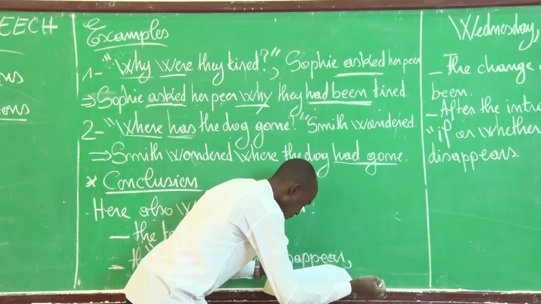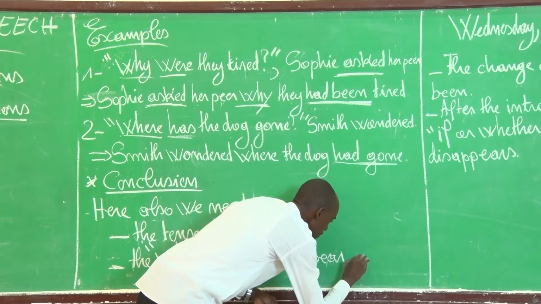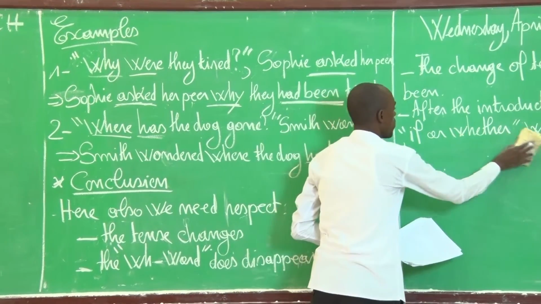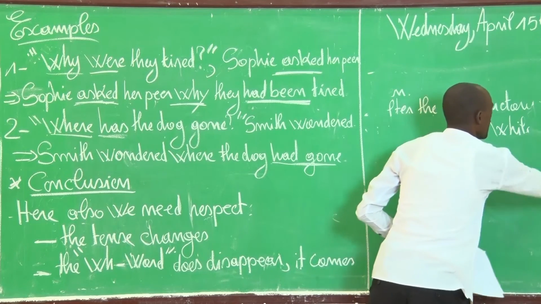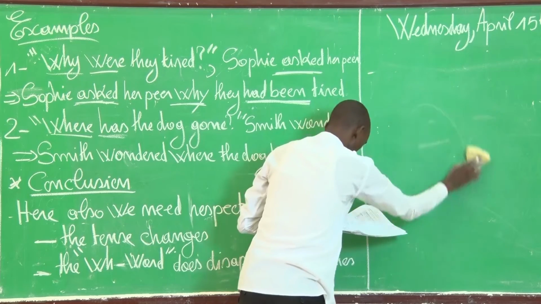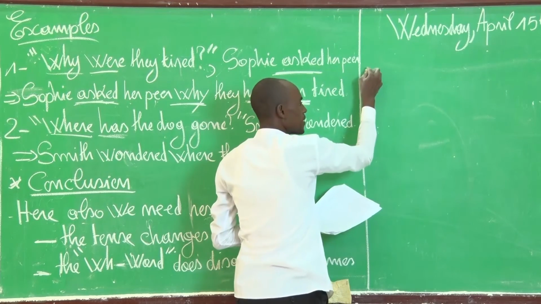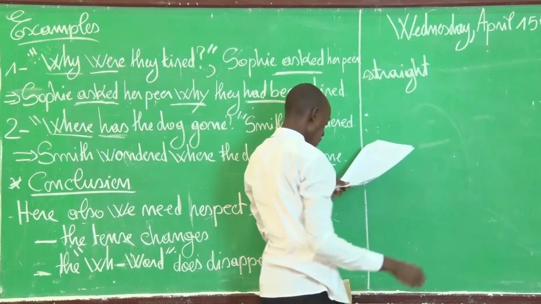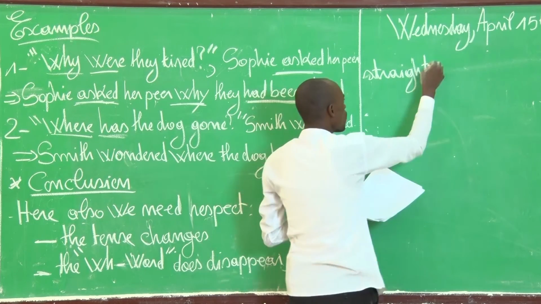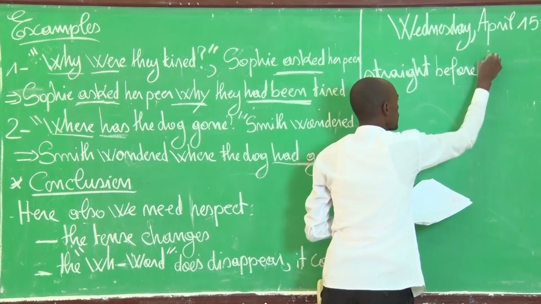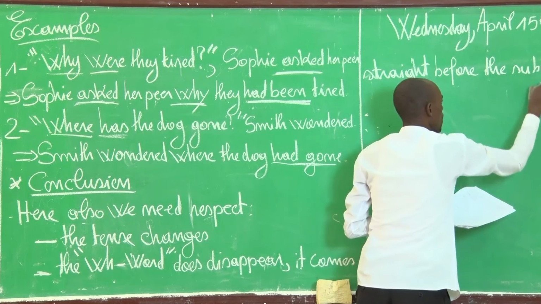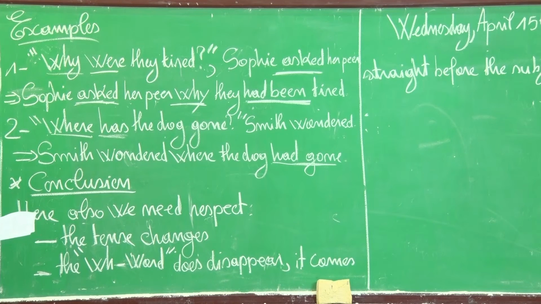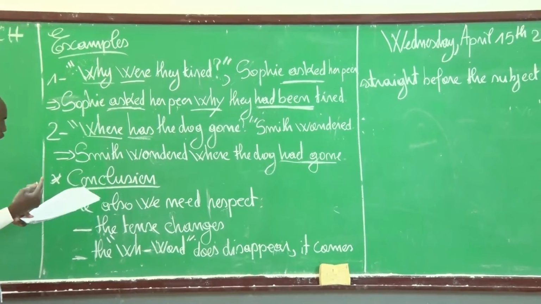It comes straight before the subject. It means that au discours indirect, le mot interrogatif ne disparaît pas, mais il vient juste avant le sujet.